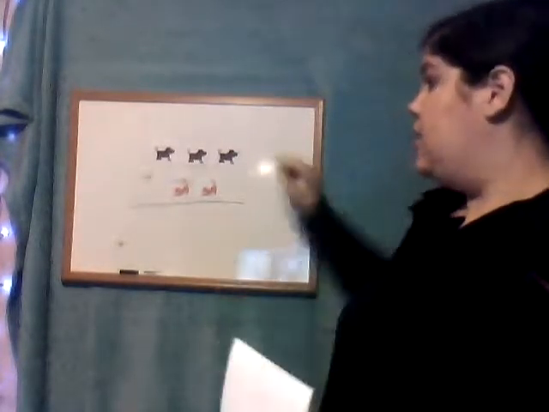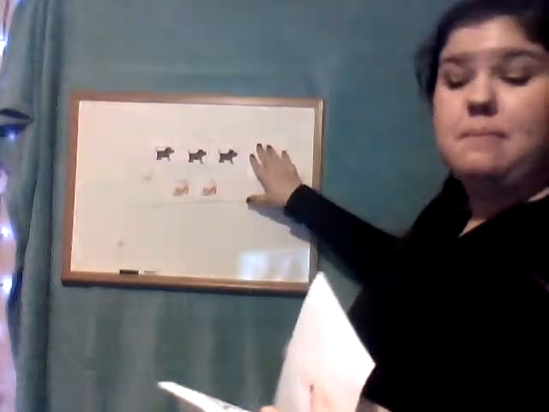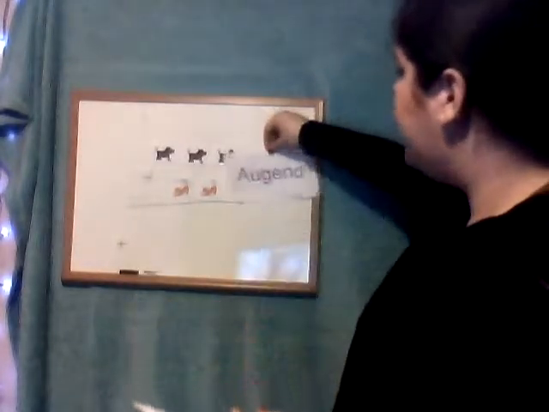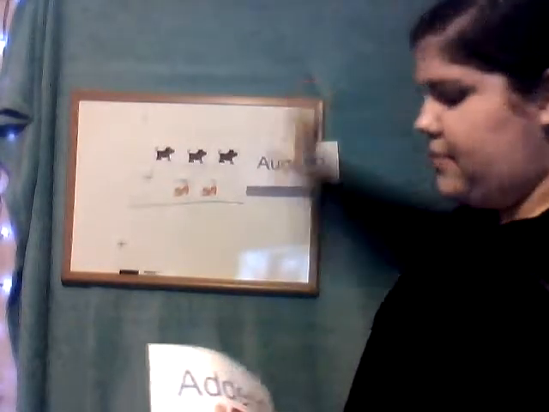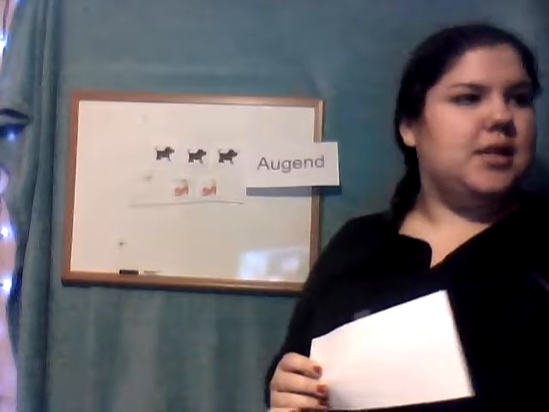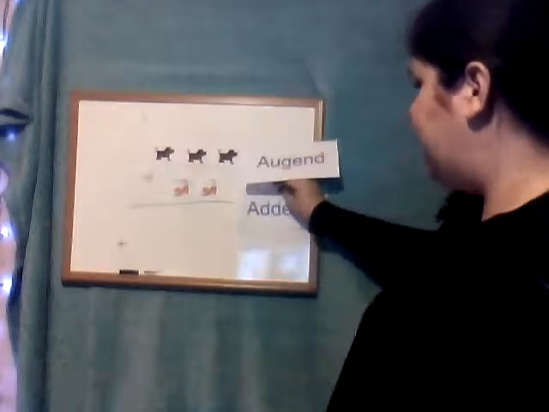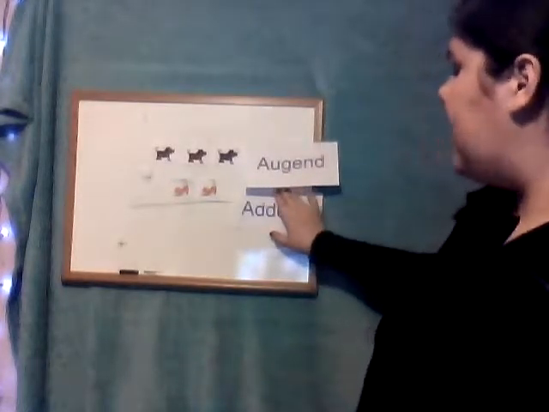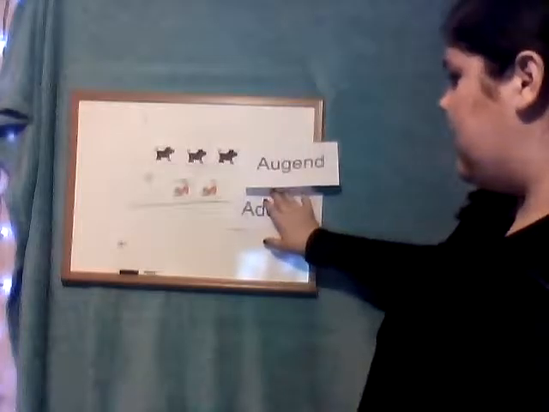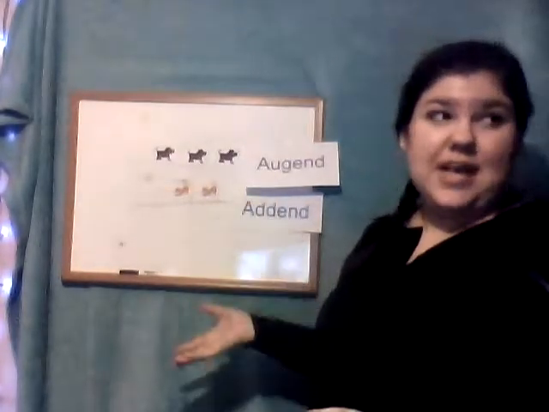Jimmy. Where the dogs are, which one? The augend, good job. And Sarah, what about the addend? Goes on the bottom. Now, Sarah, can you tell me what our equation says?